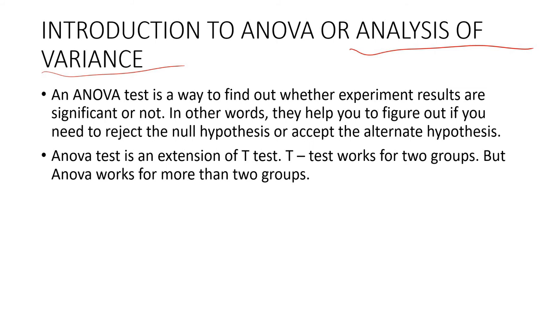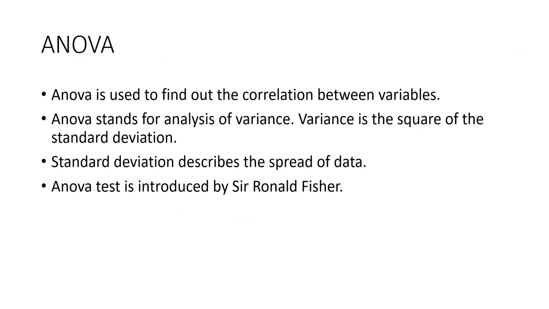In other words, it helps us to figure out if you need to reject the null hypothesis or accept the alternate hypothesis. An important point is that an ANOVA test is an extension of the t-test. The t-test works for two groups, but ANOVA works for more than two groups. That's the difference. ANOVA is used to find out the relationship between variables.